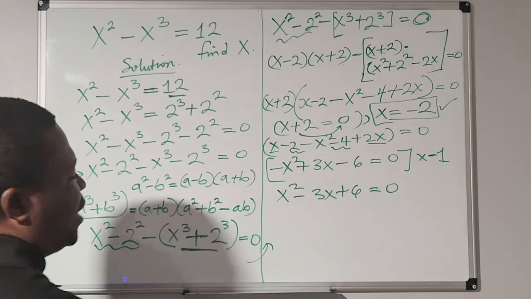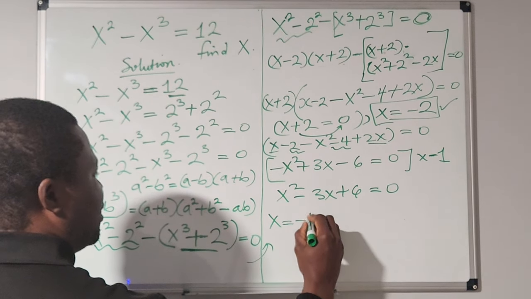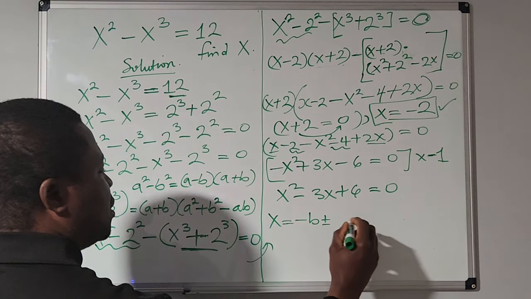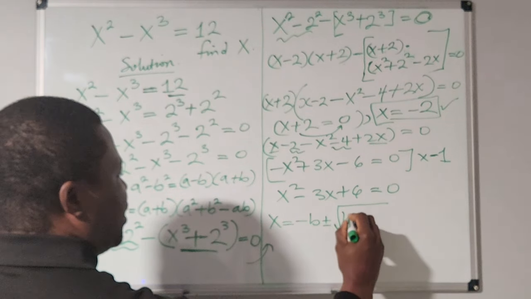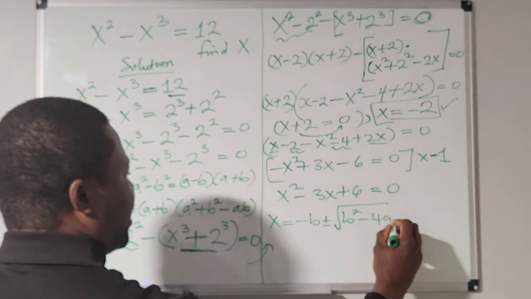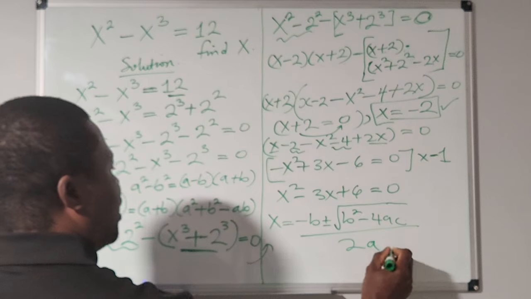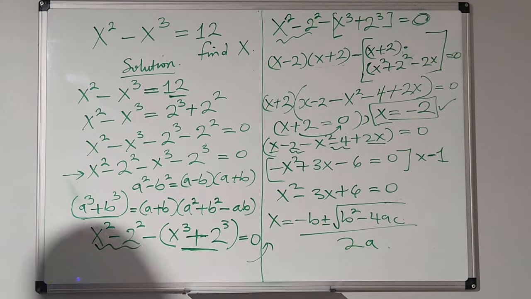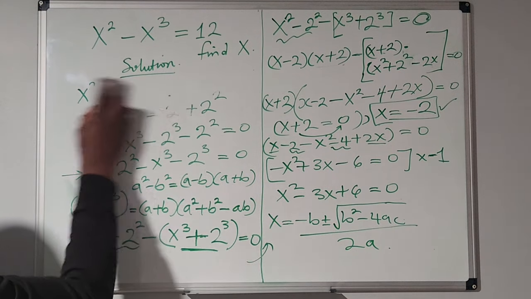Now, to be able to find the value of x, we employ the formula minus b plus or minus square root of b squared minus 4ac all over 2a. That's our formula. So I'm going to wipe this side.